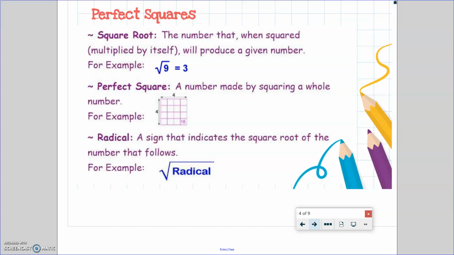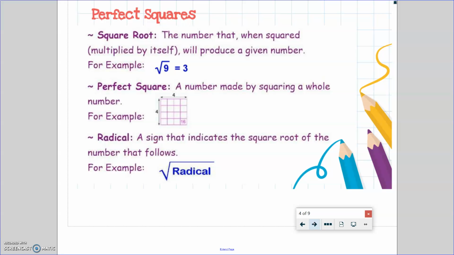So, a square root is the number that when squared, when you square something, you multiply it by itself, will produce a given number. So the square root of 9 is 3, because if you were to square 3, you would get 9. Okay, 3 times 3 is 9.